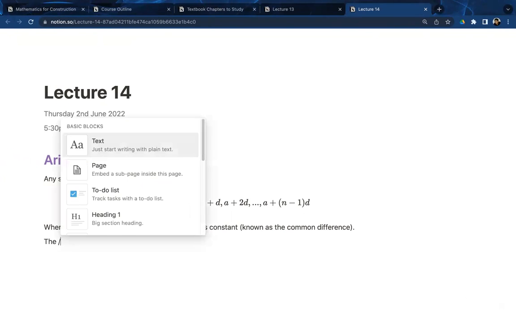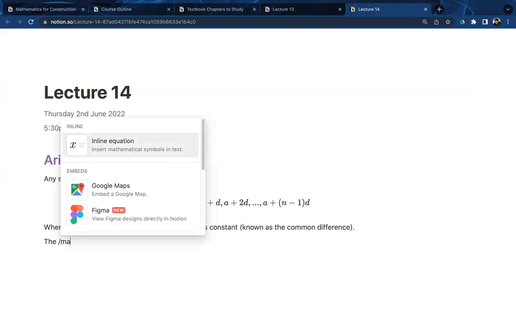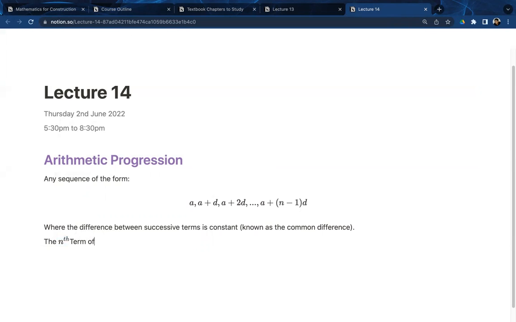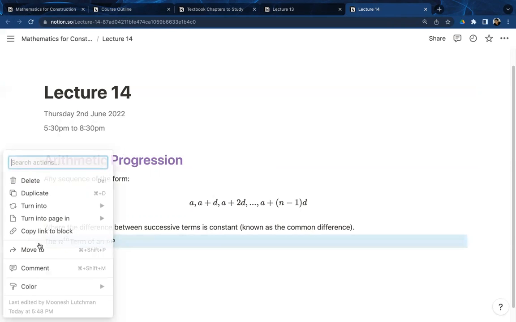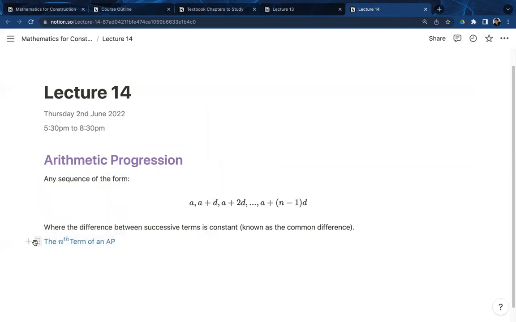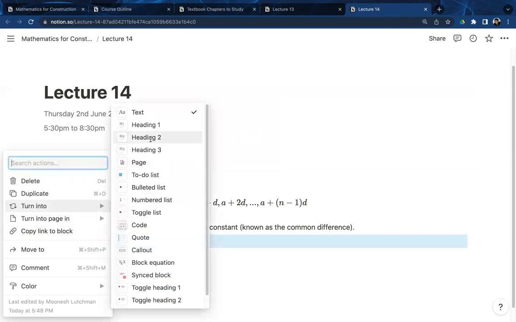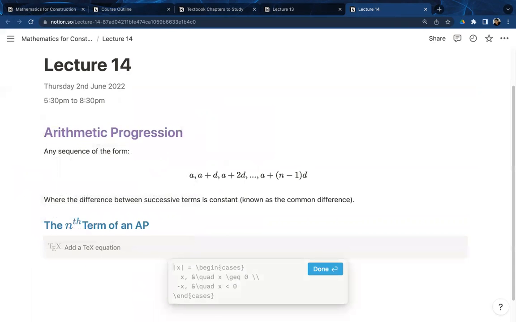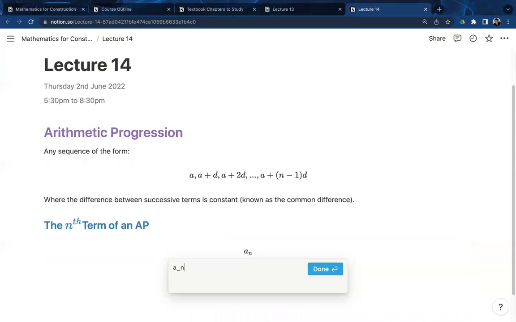We're abbreviating it to AP, what we call arithmetic progression, and we get that formula there: a subscript n equals a plus (n minus 1) d.